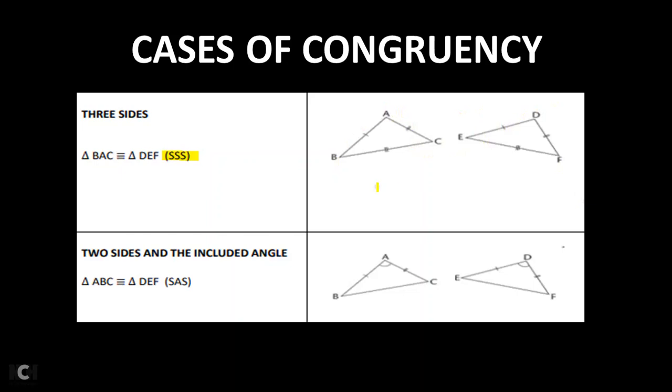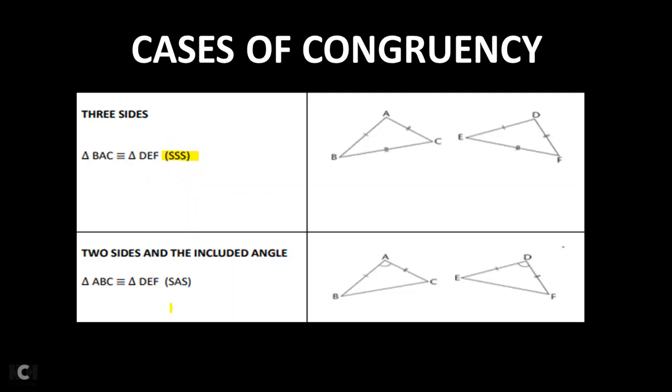And the third side, BC, is equal to EF. So we have 3 sides which are equal. In that case we can conclude that these 2 triangles are congruent to each other with the reason side, side, side.